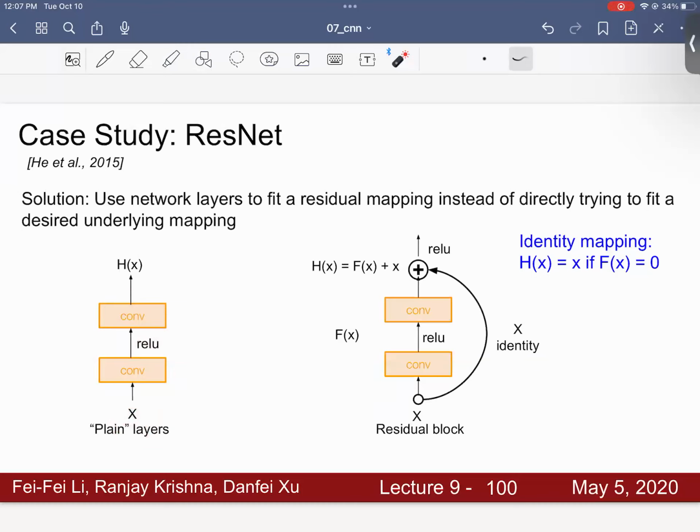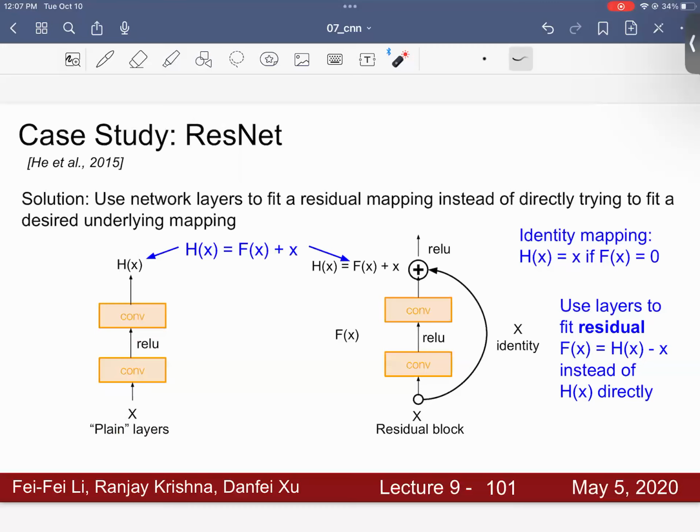So yeah, use layers to fit the residual. Maybe you can think of this as kind of, not ensemble, but boosting. If you know what boosting is, we talked about boosting very briefly in the second lecture, like bagging and boosting. Boosting is where you use a sequence of weak learners to fit the difference, to fit the error, basically.